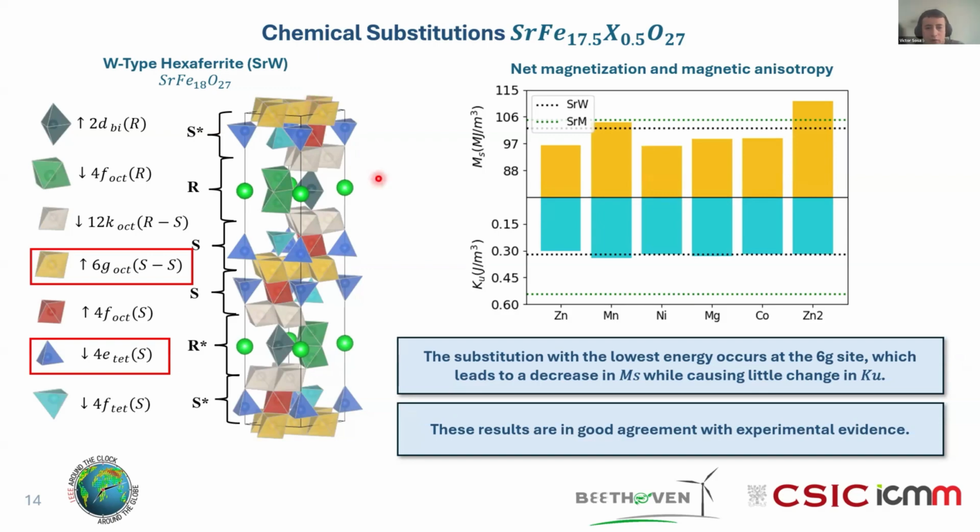So for the rest, when I'm replacing the iron by another ion, for zinc, nickel, magnesium, and cobalt, I'm decreasing the spin moment. In the case of manganese, manganese has a higher spin moment. So that's the reason that it's increasing the magnetization in that specific case. Okay.